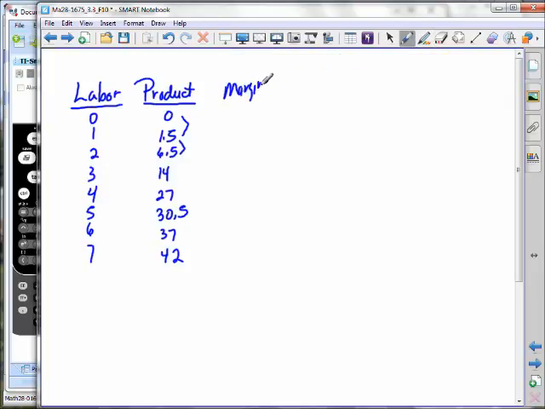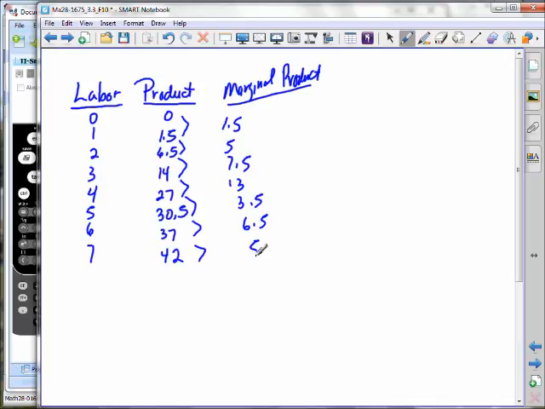So marginal product would be 1.5, and this is 5, and this is 7.5. Okay, did I do this right? 3.5 here? Yeah. And this is 13?